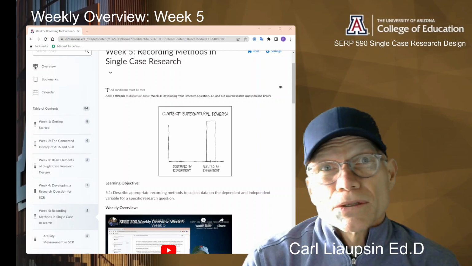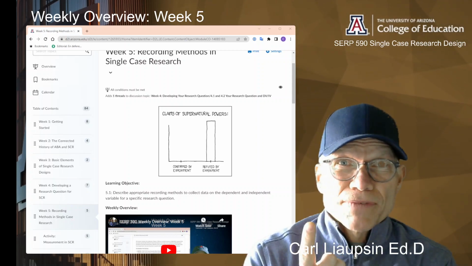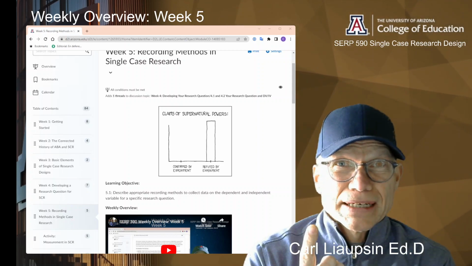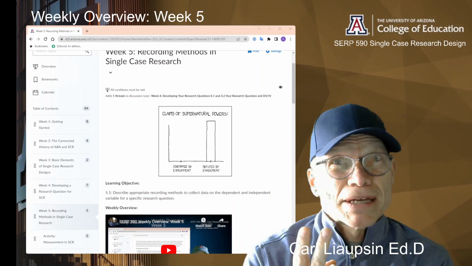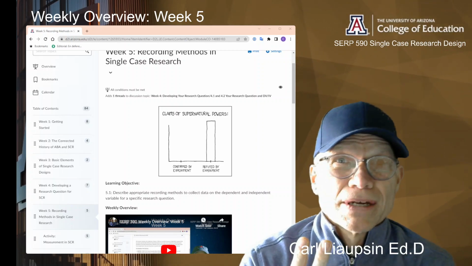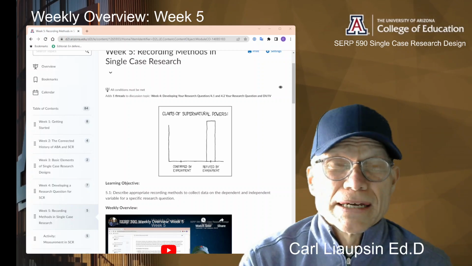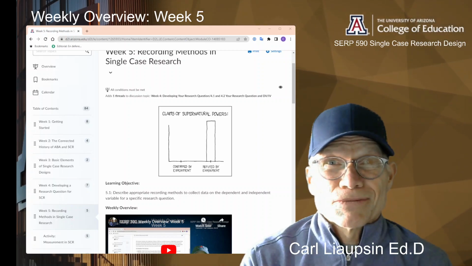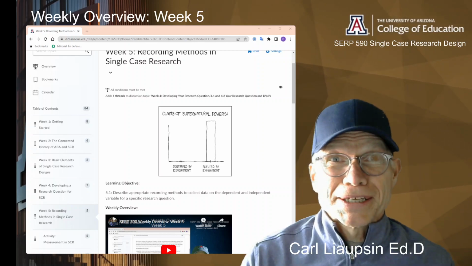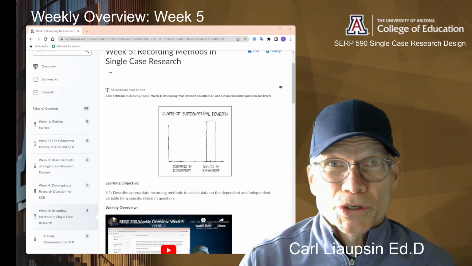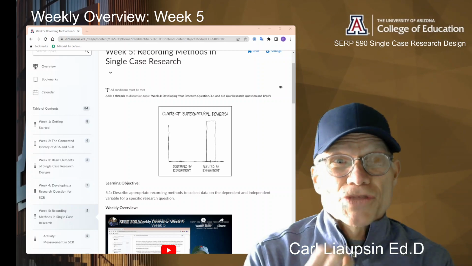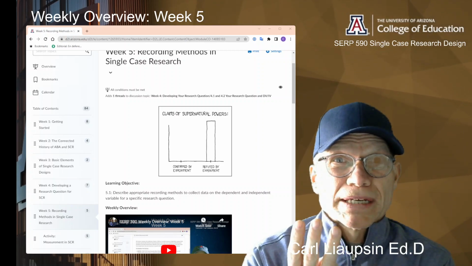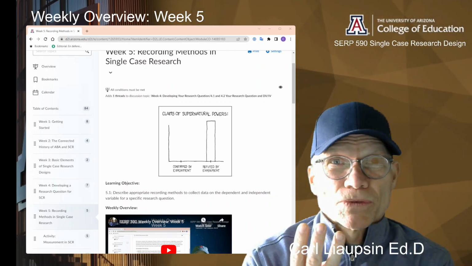So we will first take a look at dependent variables, but we also have to collect information on the independent variable. It's also called treatment integrity. And we want to show in our study that we actually implemented the intervention that we say we're going to do. And the third thing that we really need to collect data on is social validity.